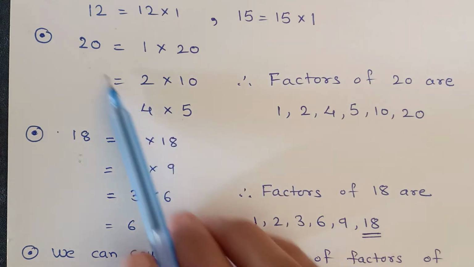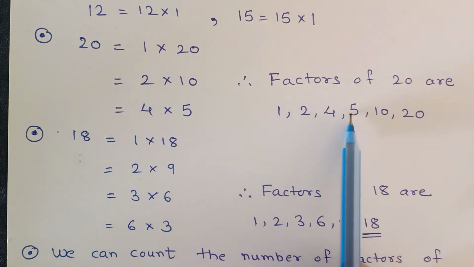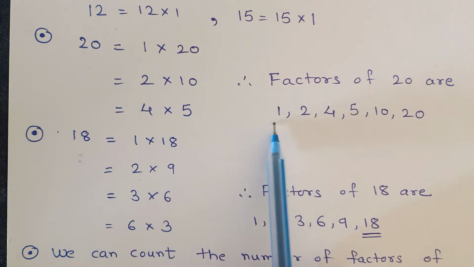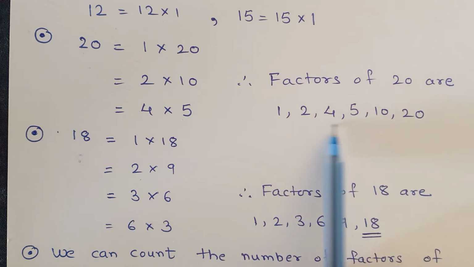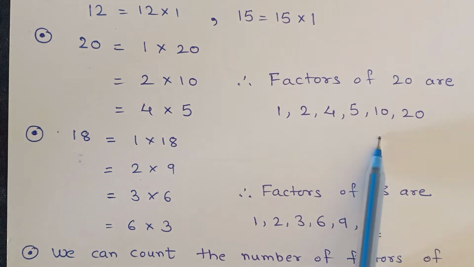If I divide 20 by 4, the remainder will be 0. If I divide 20 by 5, the remainder will be 0. So when we divide the number by its divisor, the remainder is 0. Hence we prove that every factor of a number is an exact divisor of that number.